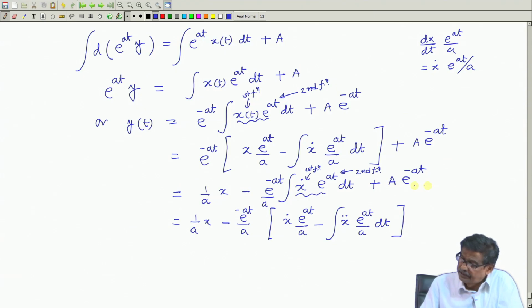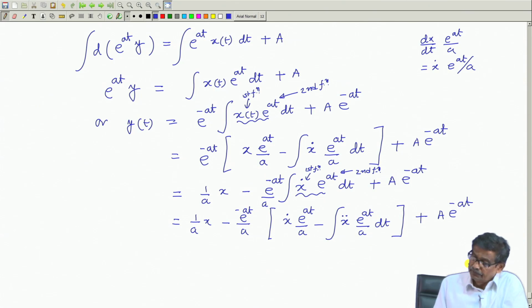And then of course, this term A into e to the power minus a t is always there. This will be the thing.